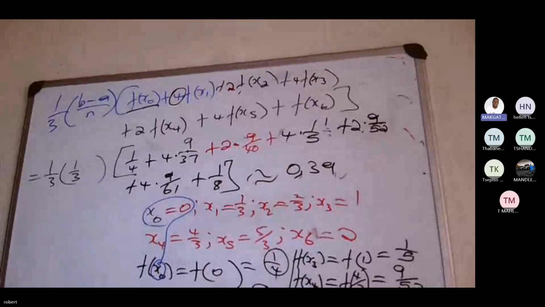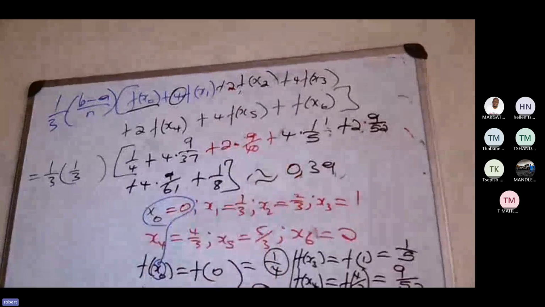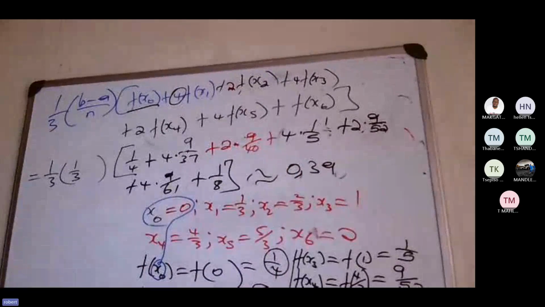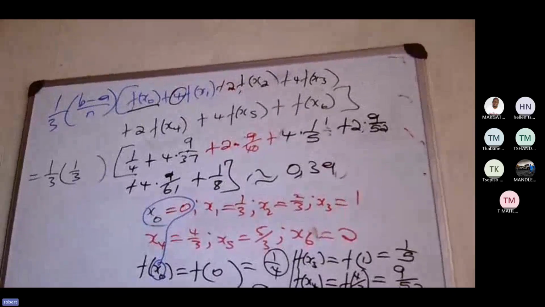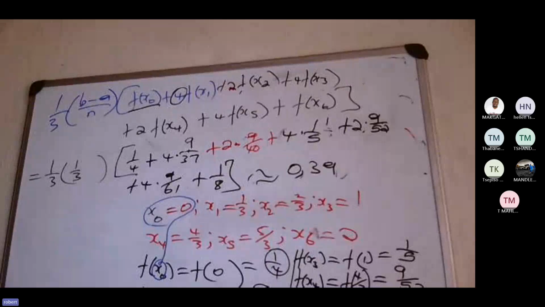Okay, let me just double check. Because if somebody got 0.39 and you got something different, then somewhere you cannot all of you be correct. Maybe you, yes, you are correct. And then the earlier one is 0. I'm not saying totally you are wrong. I'm just worried about these two different answers using the same method. If you are using different methods, yes, because it's an approximation.